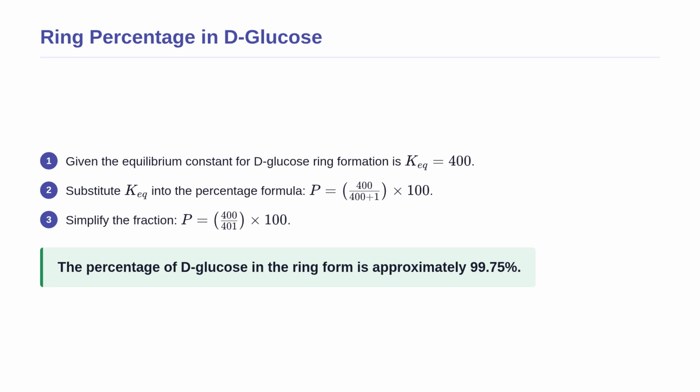Multiplying by 100 gives us approximately 99.75%. This physical result means that out of every 10,000 glucose molecules in your blood, 9,975 are in the pyranose ring form, and only 25 are open chains.